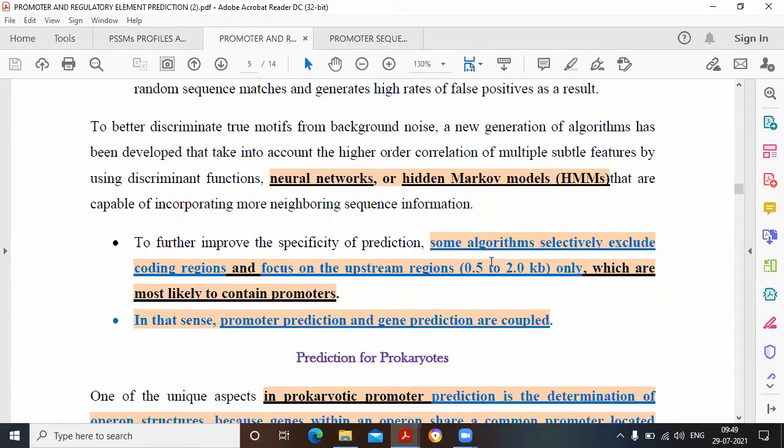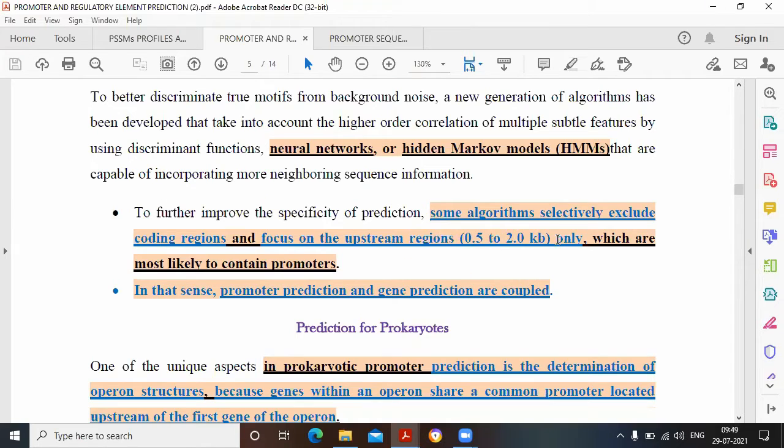And if you consider this 500 kilobase pair region from the upstream, the approach lets us find both the promoter as well as the regulatory sequence together, in a coupled way. I'm going to give a practical session where I'll show how these two work together, so you'll get a better idea.